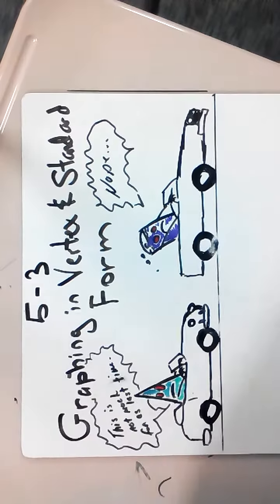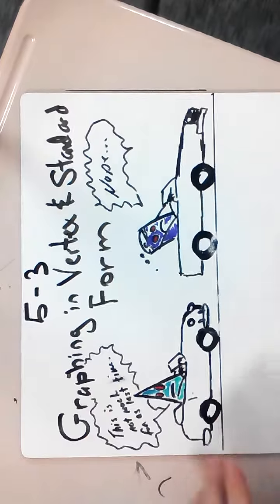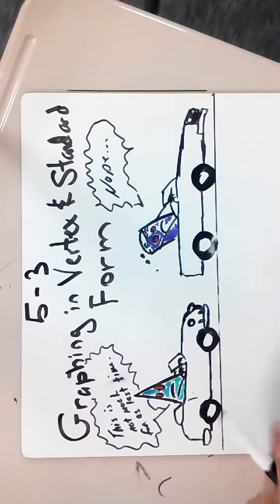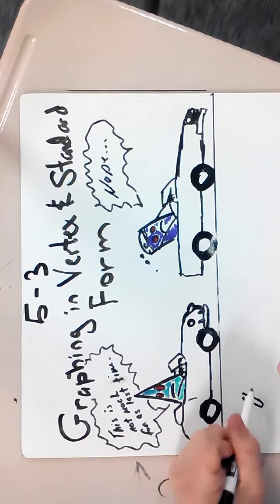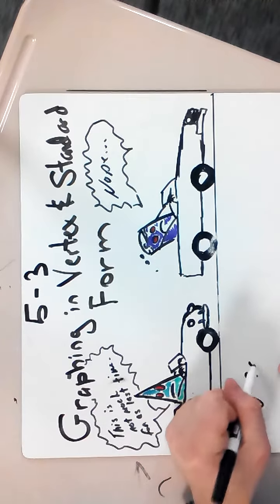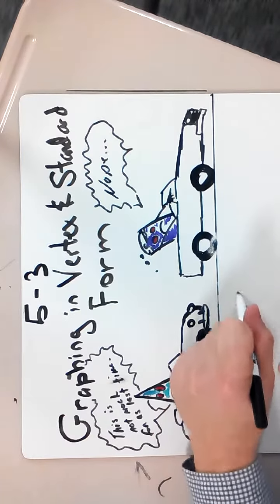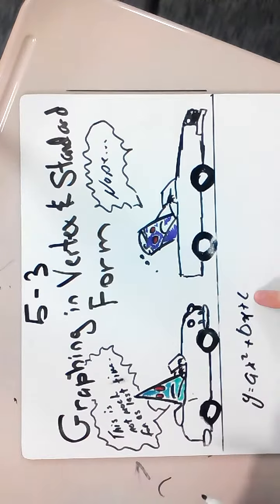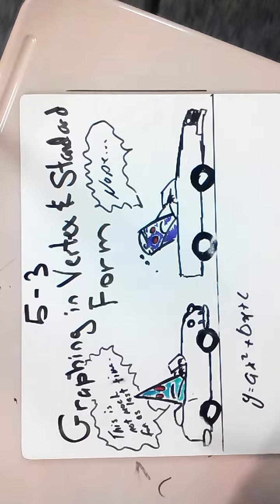Okay, so in this video, we're going to talk about converting from vertex to standard form. Alright, so vertex form and standard form. Standard form is y equals ax squared plus bx plus c, where c is our y-intercept and a is our stretch or shrink.